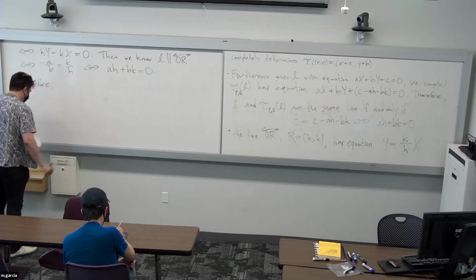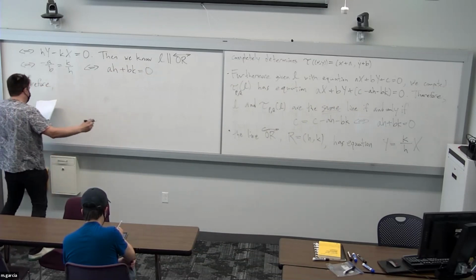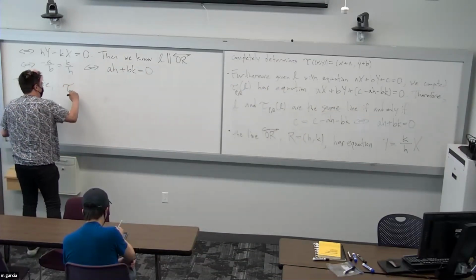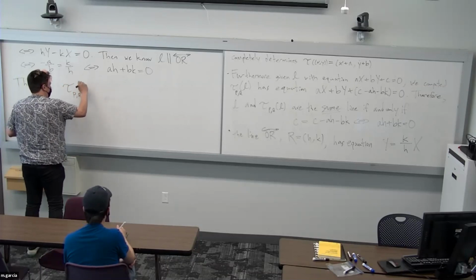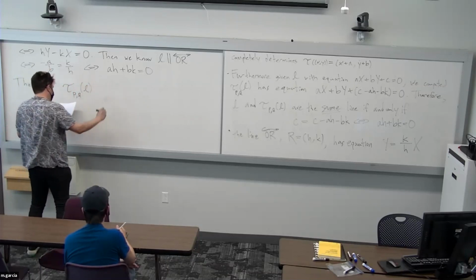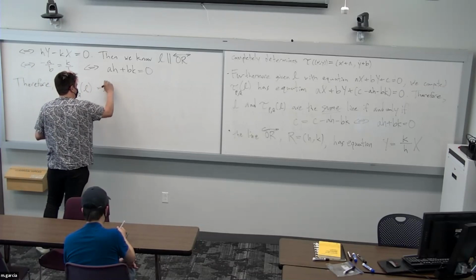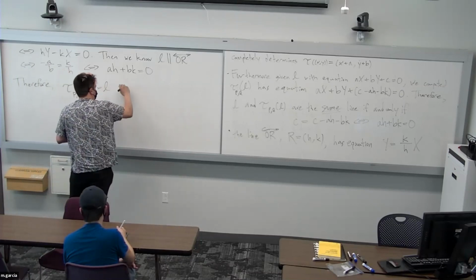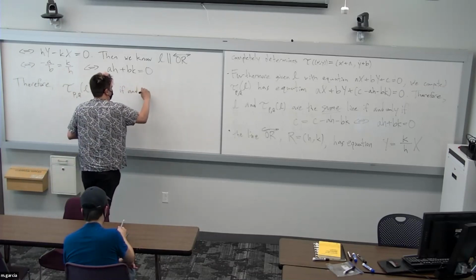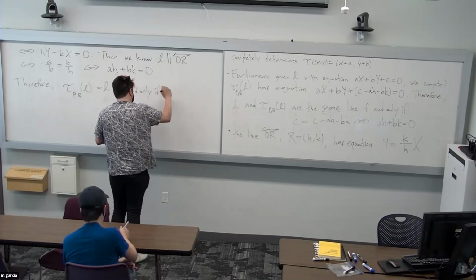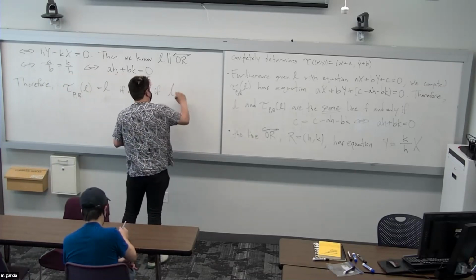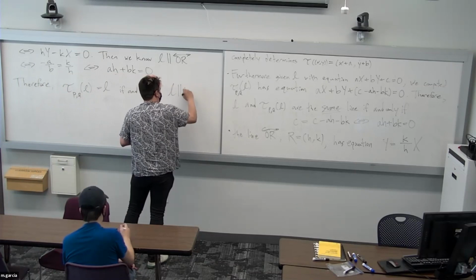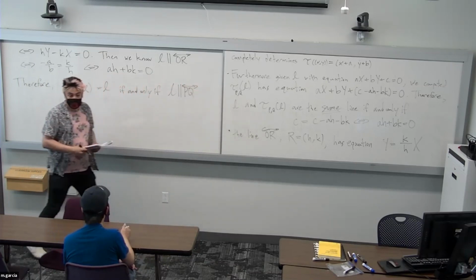Therefore, our conclusion is that tau sub p comma q of L is equal to L if and only if L is parallel to the line defined by PQ.